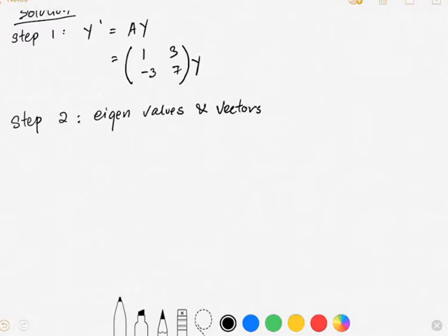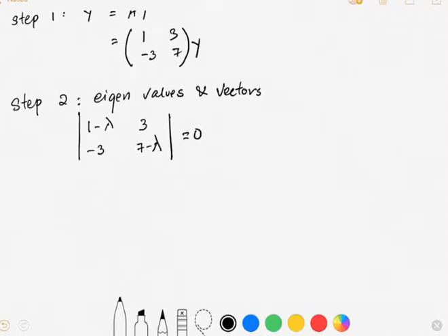From the matrix A, 1, 3, negative 3, and 7, you get the determinant of 1 minus lambda, 3, negative 3, and 7 minus lambda, equal to 0. And then you solve this one minus this one.